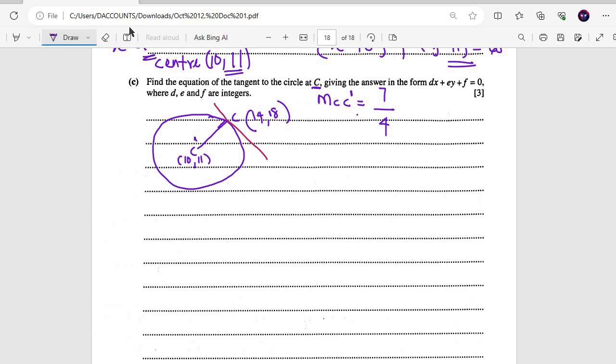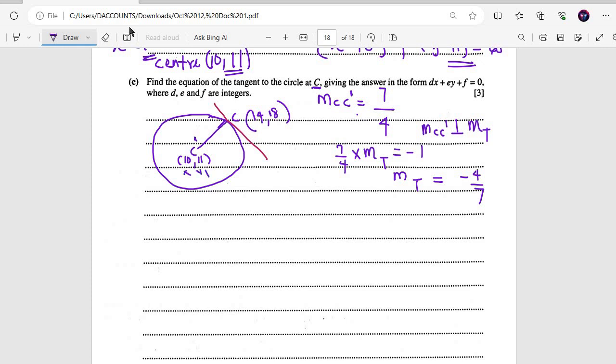Remember that this gradient is perpendicular to the tangent, and we are looking for the equation of the tangent. So 7/4 times the gradient of the tangent should be equal to minus 1. So the gradient of our tangent should be minus 4/7. That's the gradient of the tangent.